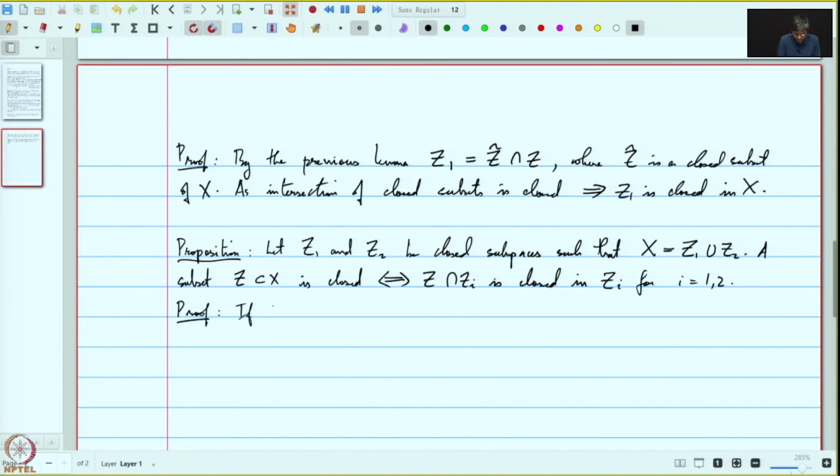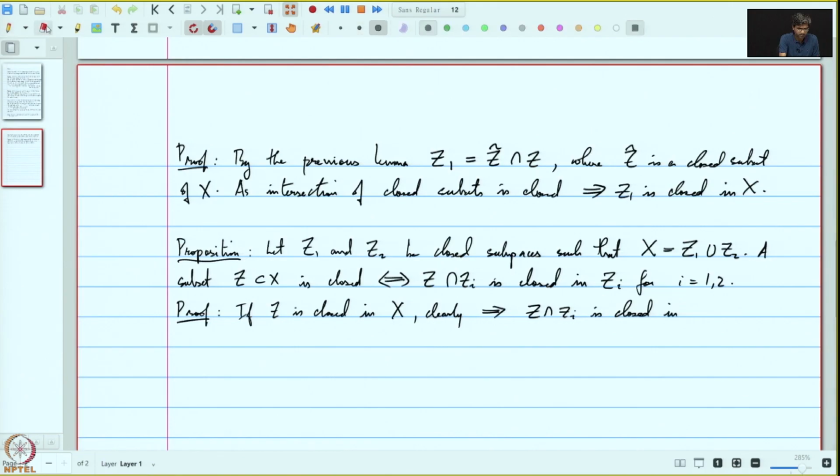So if Z is closed, then simply because intersection of closed subsets is closed, this clearly implies Z intersection Zi is closed. Or by the lemma.